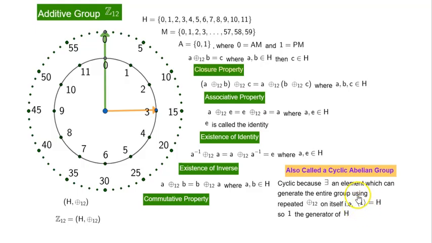So it is written within a bracket, and since it generates the entire group, we say it is equal to H. So here 1 is the generator of H. Abelian because H is commutative. We have already seen that. Since it is commutative, we call it an abelian group. Since it has a generator which can generate the entire group, it's called cyclic. Interesting, right?